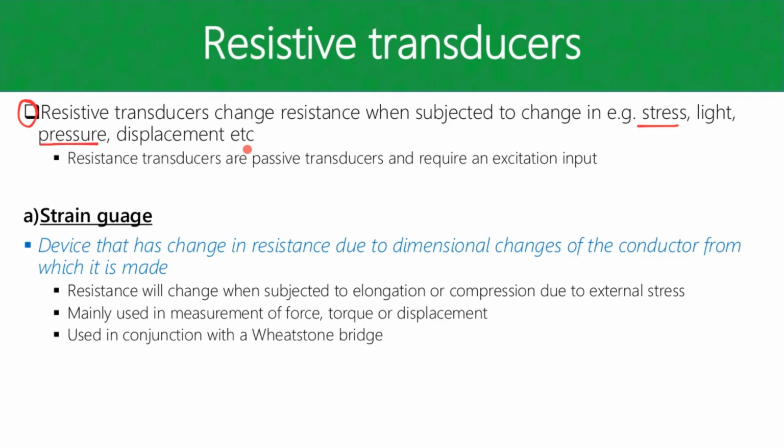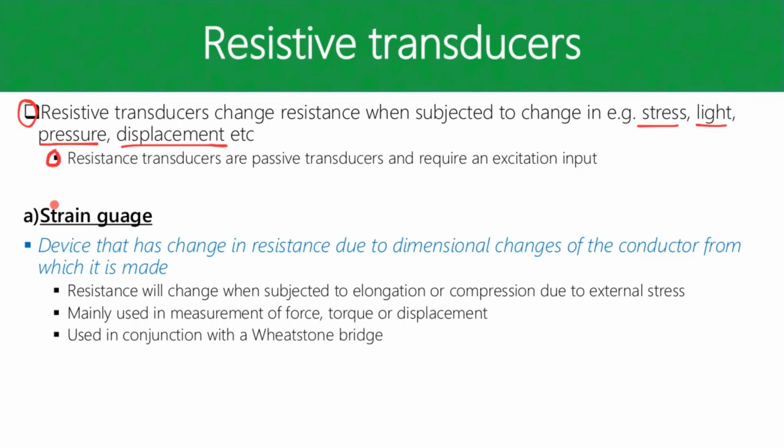So that's where the pressure comes in as well as displacement, light, temperature, so quite a few things. And again, resistive transducers are all passive transducers. So they are going to require some form of voltage, or some form of power source, to have them work correctly.